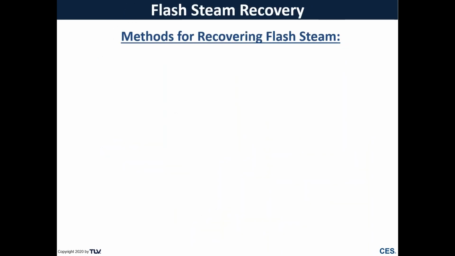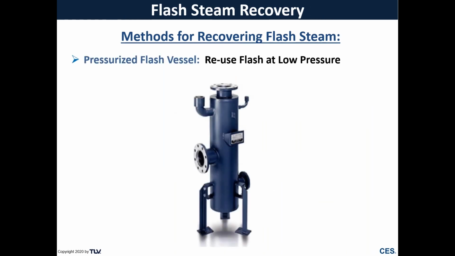So what are some of the methods for recovering this flash steam? How can we go about keeping that energy in the system? Number one is a pressurized flash vessel, where we can actually reuse some of that low pressure flash steam.